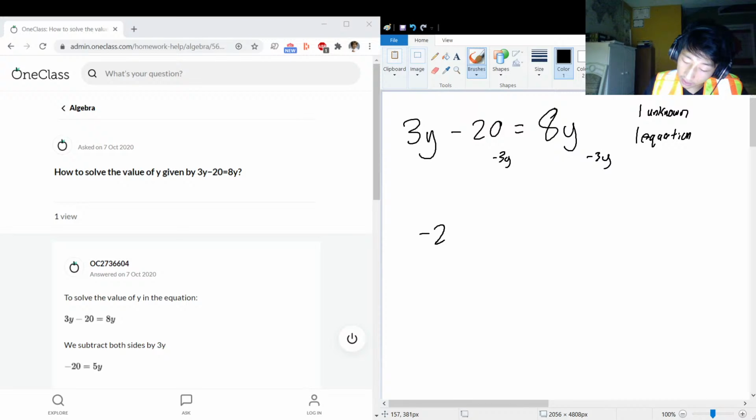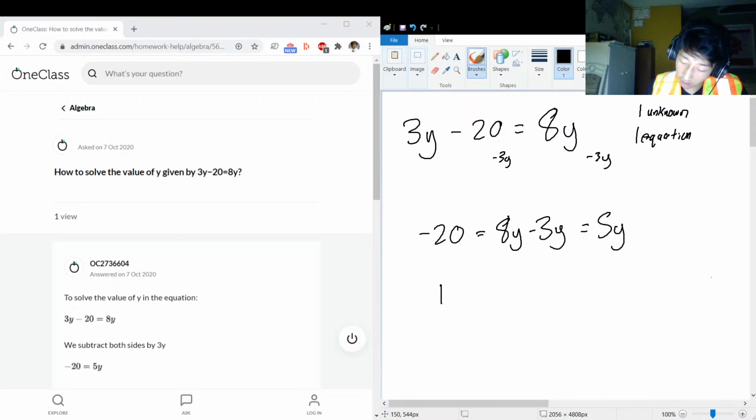We'll have negative 20 because the positive 3y minus 3y, zero that out of here. We got negative 20 equals 8y minus 3y. What's 8y's minus 3y's? Is that 5y's? Sounds about right to me. 5y.